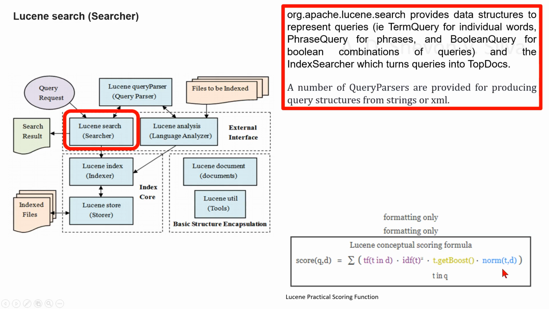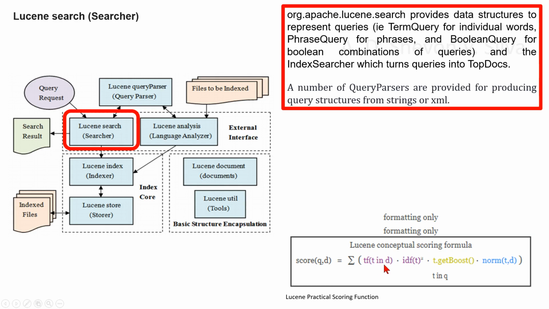Lucene's practical scoring function is derived. The color codes demonstrate how it relates to those of the conceptual formula, where TF T in D correlates to term frequency, defined as the number of times term T appeared in the currently scored document.